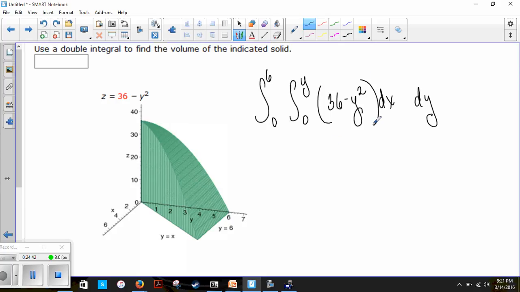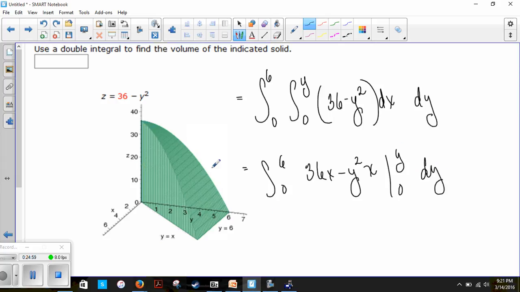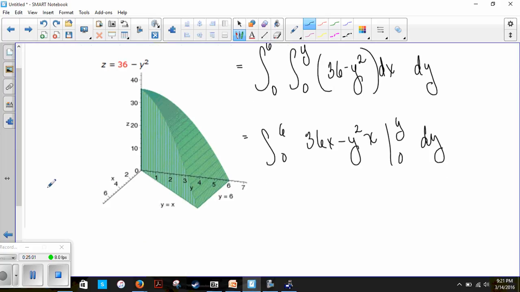So let's go ahead and integrate this with respect to x. So how about 36x minus y squared x, and now go from 0 to y. That way we'll only be dealing with y's on the next part. 0 to 6.